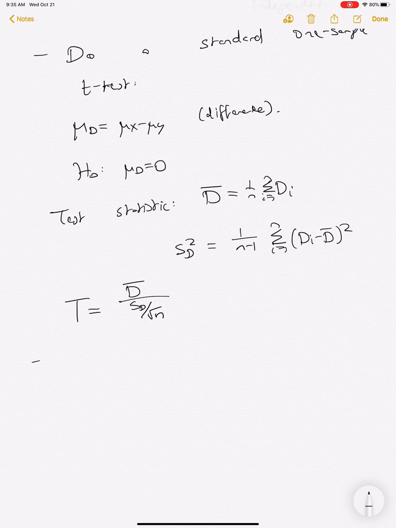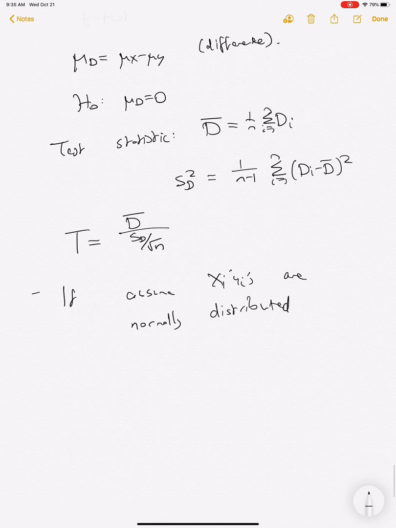And clearly, if you assume that xi, yi's are normally distributed, then t is going to have the distribution t with n minus 1 degrees of freedom.